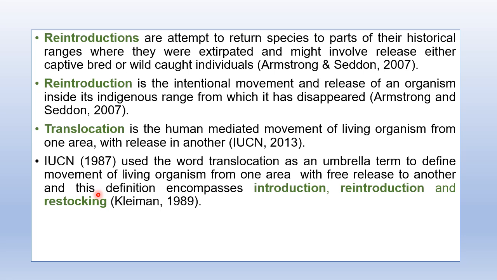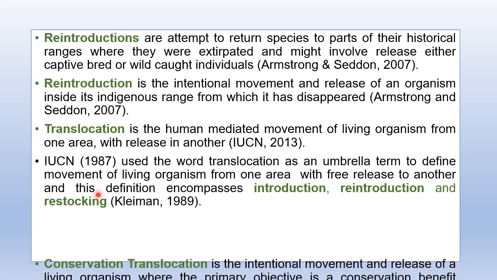Intentional translocation can address a variety of motivations, including for reducing population size, for welfare, political, recreational interest, or for conservation objective. IUCN guideline focus on conservation translocation, a translocation that yield quantifiable conservation benefit.